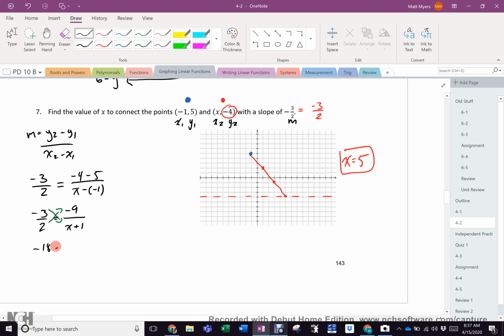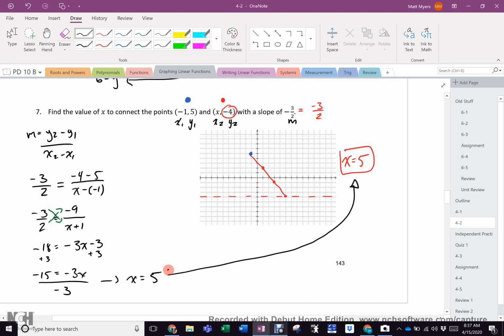Negative 18 equals negative 3x minus 3. Add 3 to both sides. Negative 15 equals negative 3x. Divide both sides by negative 3, and x equals 5, which we already knew was going to be the right answer.